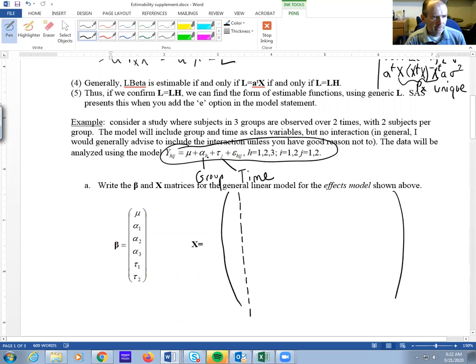And then in group, the first subject, let's say, is in group 1, so we're going to have 1, 0, 0, and then time 1.